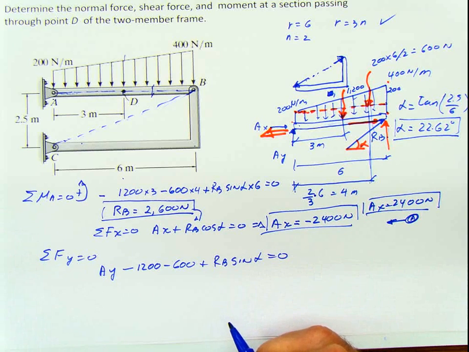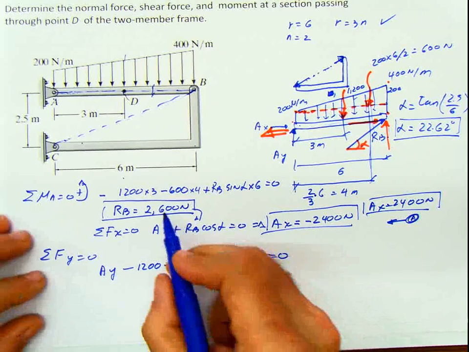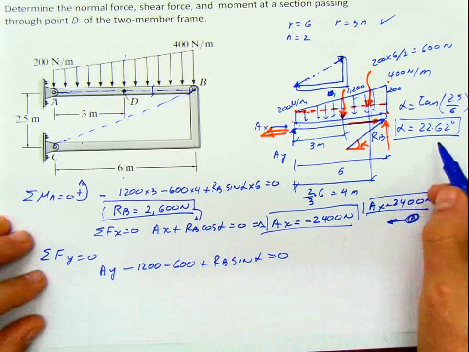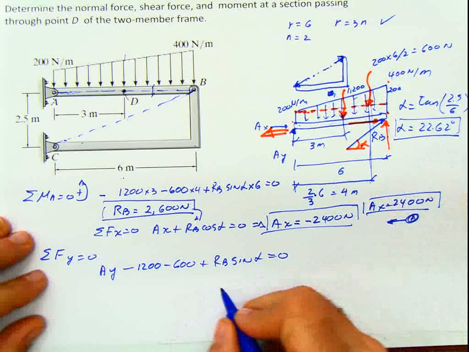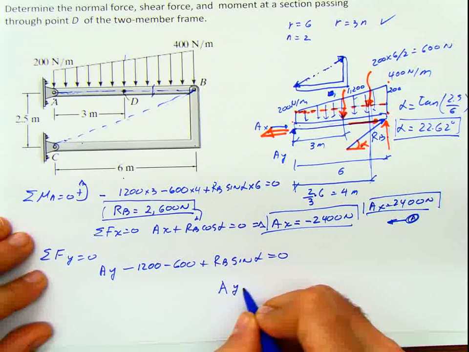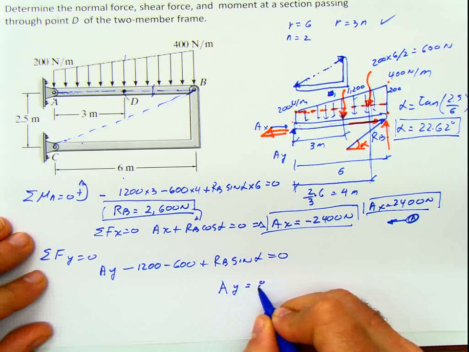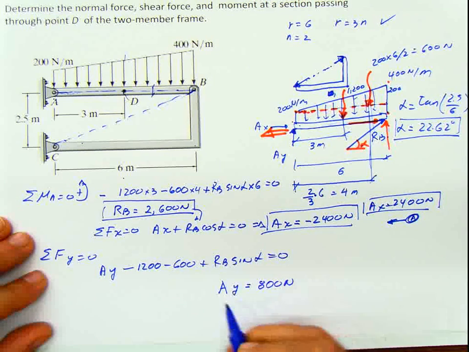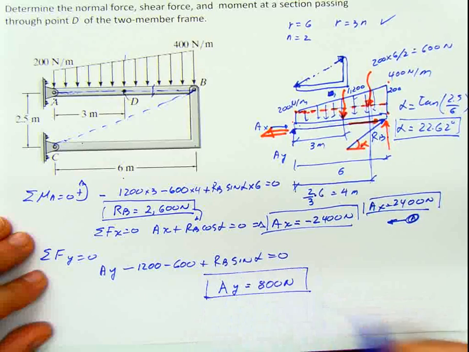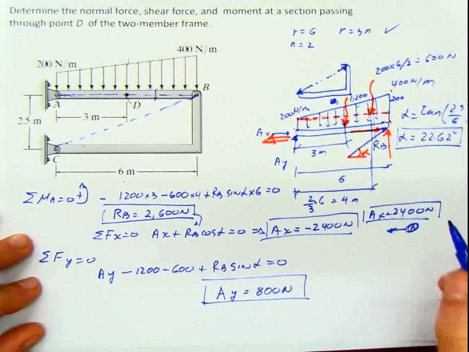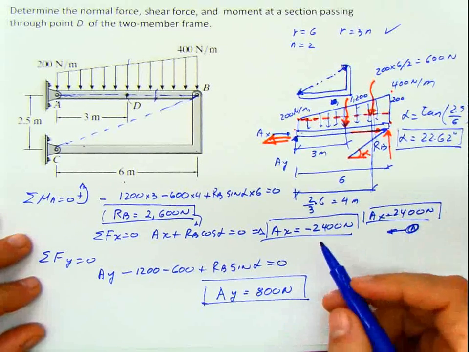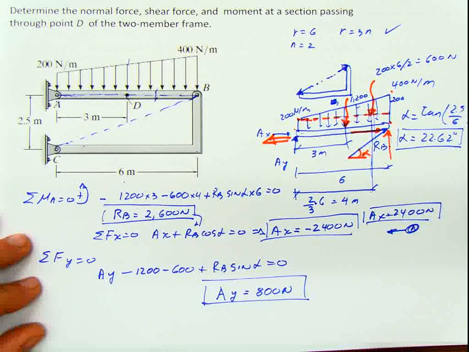And I know RB is 2600 and alpha is 22.62. So from here I can calculate AY, and AY is equal to 800 newtons. The only thing that we have done so far is calculating the reactions.